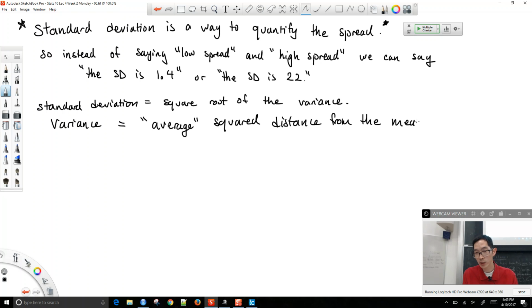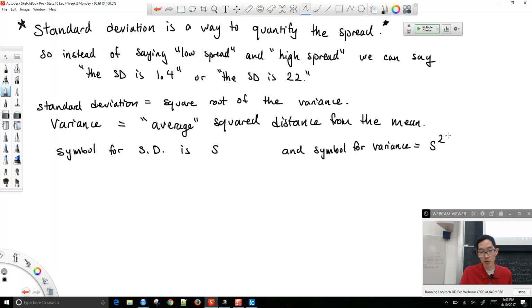All right, and we'll go through some steps on calculating these things. The symbol for the standard deviation, I'm going to just abbreviate this SD, is s, and the symbol for variance is s squared.